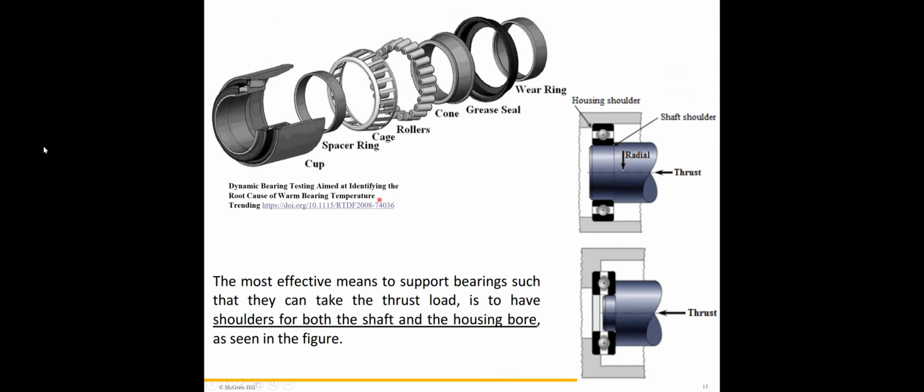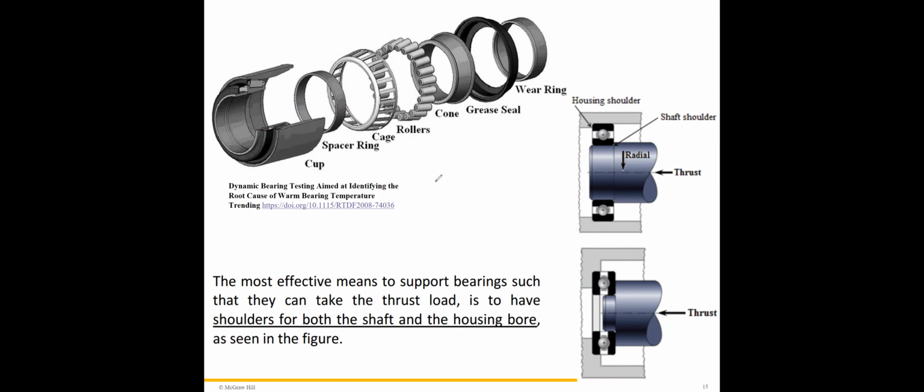Some engineering drawings for this taper roller bearing. There are other effective means to support the bearing when it is subjected to axial loading or thrust.